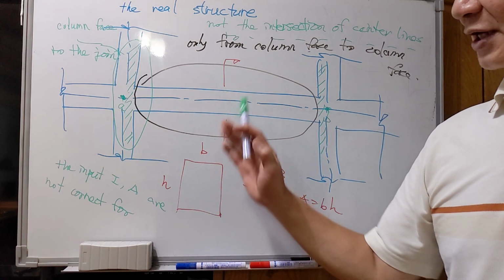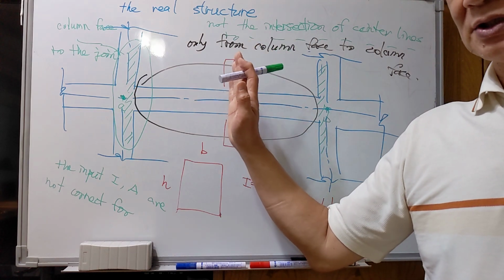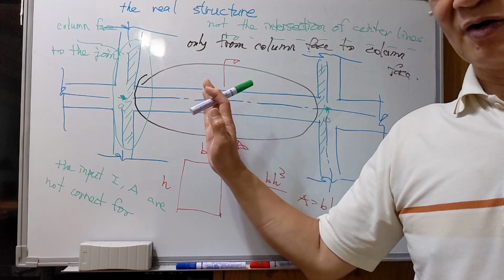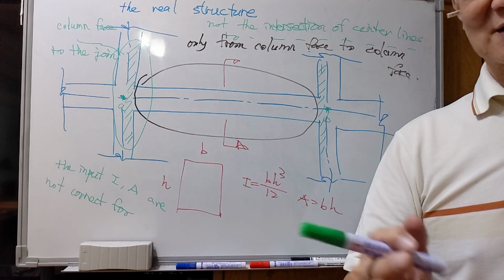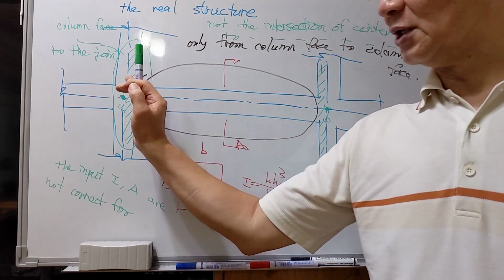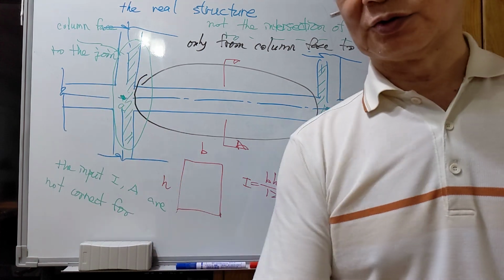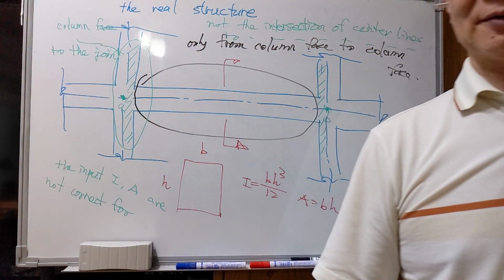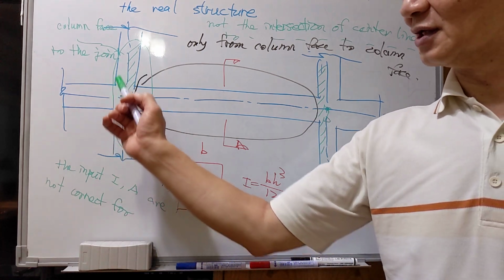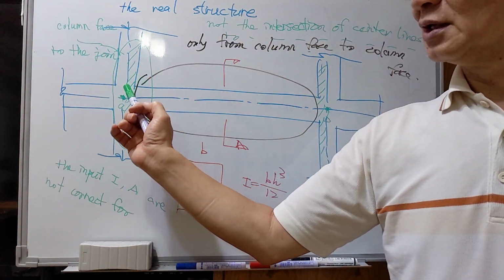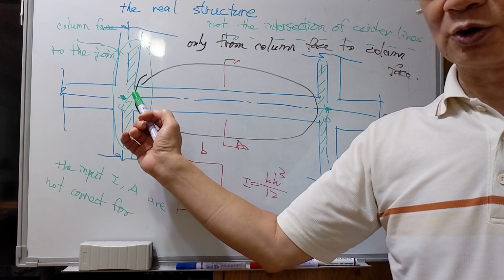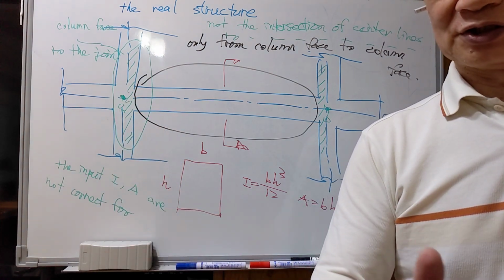The cut cross section is applied only for the center of the beam element. It is not correct from the column face to the intersection point of the center line. They say that's the joint. From the joint to the column face, we have different stories.